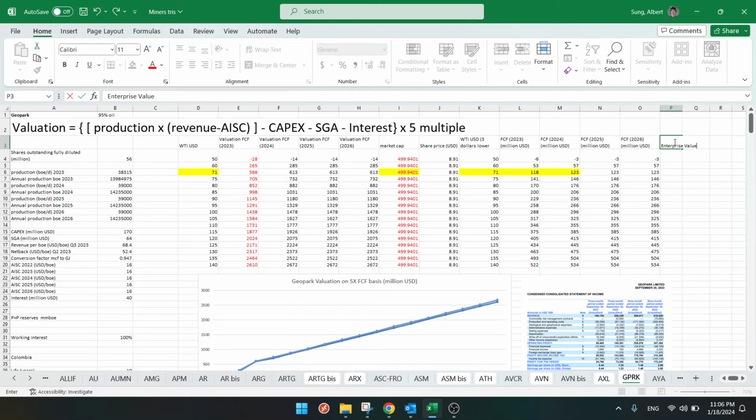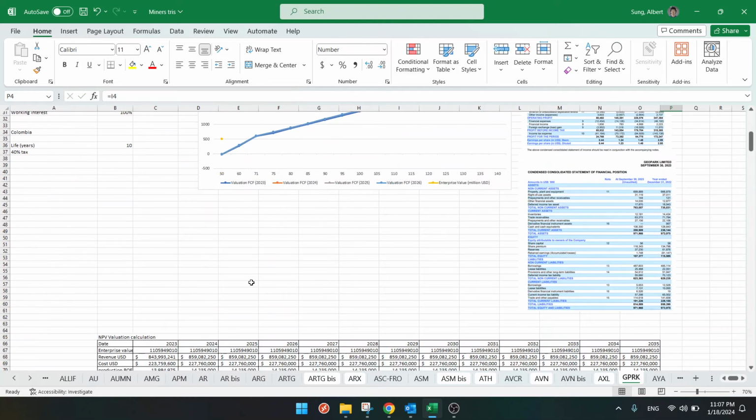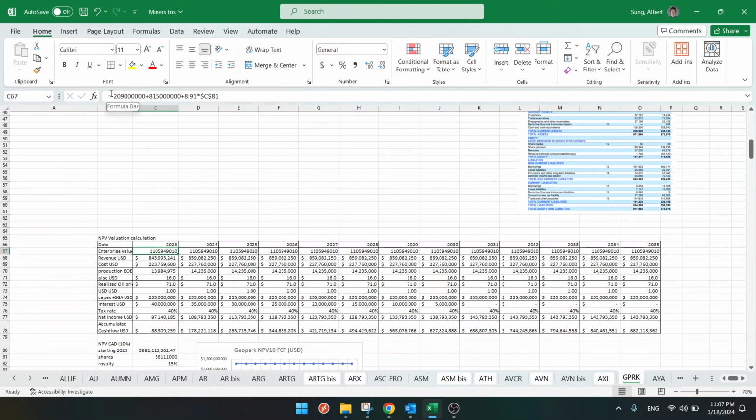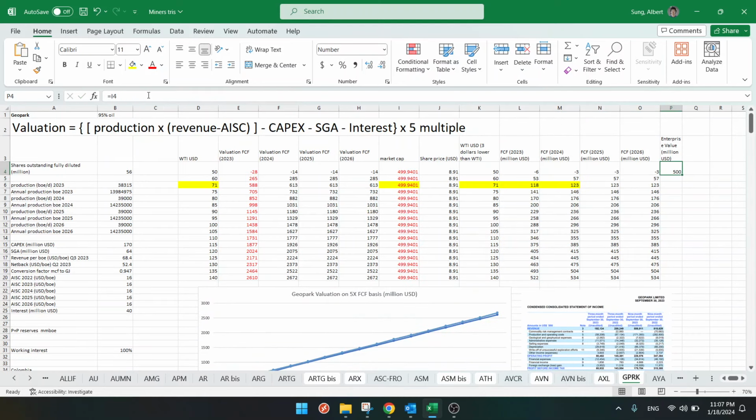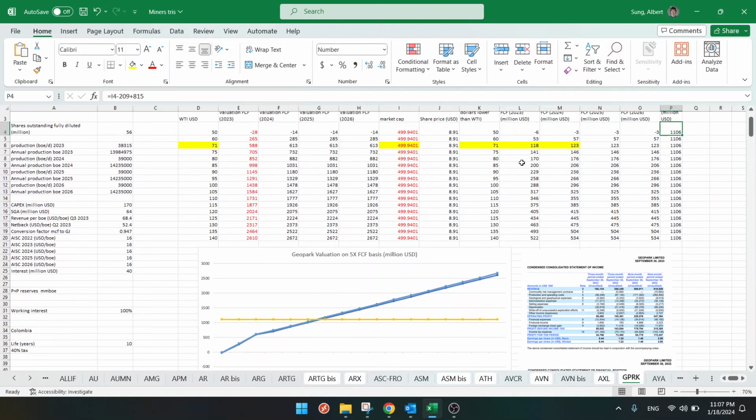Enterprise value is market cap and it's 1 billion. So from here we went to here because of the enterprise value.